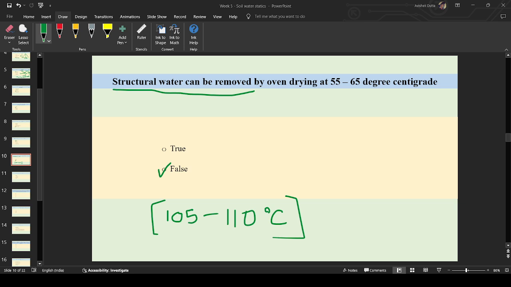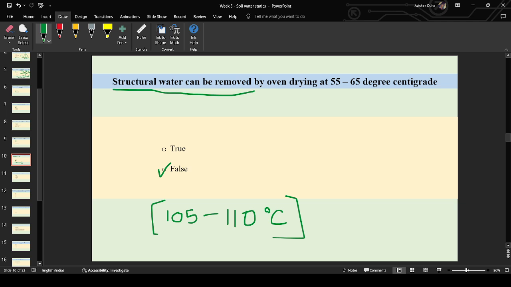When we oven dry soil sample between 105 to 110 degree centigrade, is removing structural water our motive? No, sir, it is only free water we can remove. Yes, the free water we can remove, because structural water is chemically bonded with the particles.